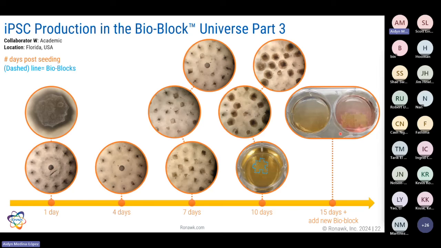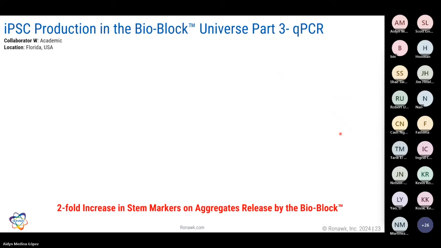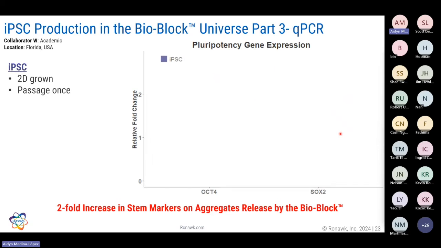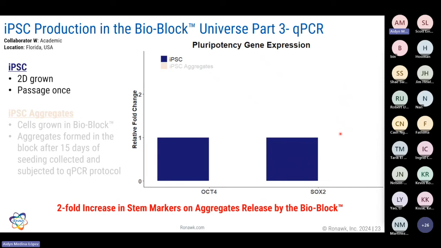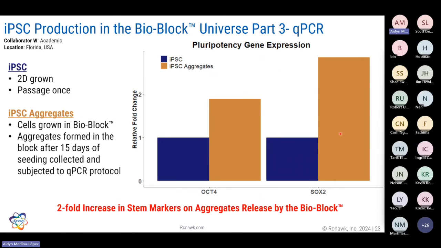They wanted to know if the cells that were coming out of the block were retaining their stem markers. And what they saw was a twofold increase in the stem cell markers for the cells that were coming out of the bioblocks, those iPSC aggregates. And this took us by surprise.